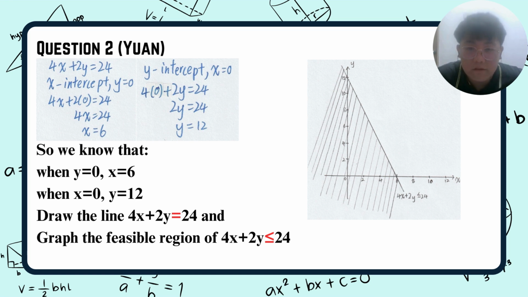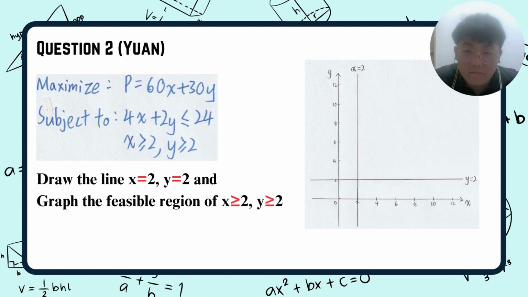Putting it into the function, 4 multiplied by 0 plus 2 multiplied by 0 is less than or equal to 24, so we get 0 less than or equal to 24. This means the point is in the region of this function, so the feasible region includes this point, as in the graph that I provided.